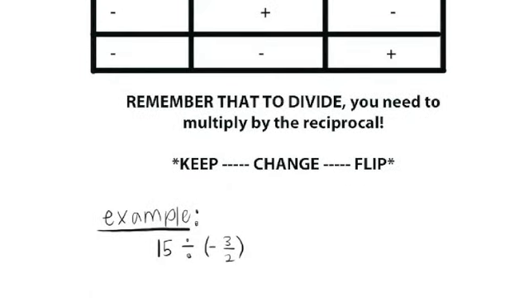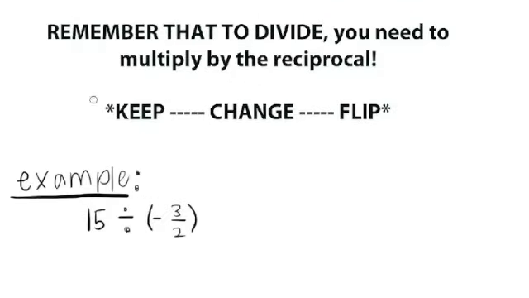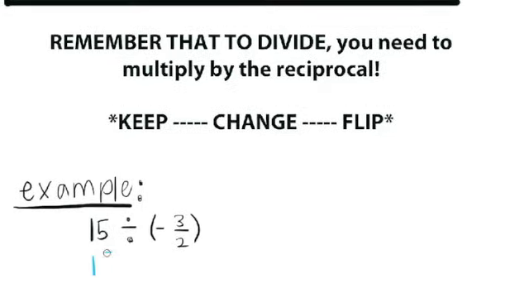An example of that could look like this. If I had 15 divided by negative 3 over 2, I'm going to keep the 15, change the division sign to multiply, and then flip the negative 3 over 2. And then it's just like what we did before.